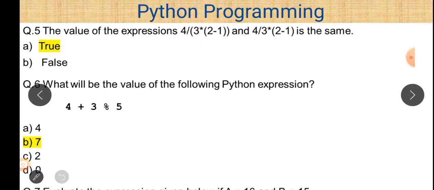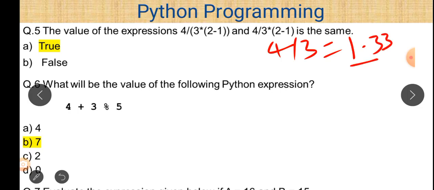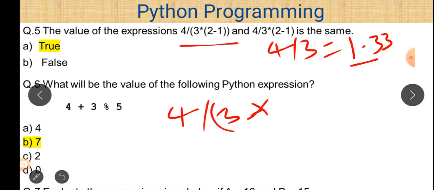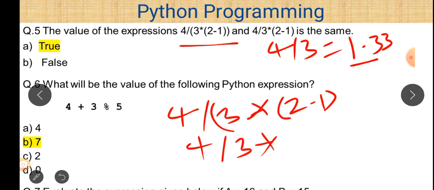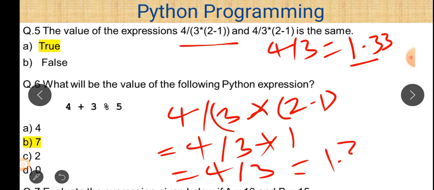Here the answer is 4 divided by 3, which is a float value, something like 1.33. And in this expression the answer is also 1.33, because when we solve this, 3 is multiplied by 1, so again the answer is the same. Both have the same value, 1.33, so our answer will be true.